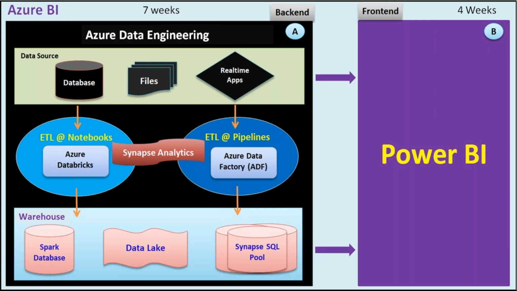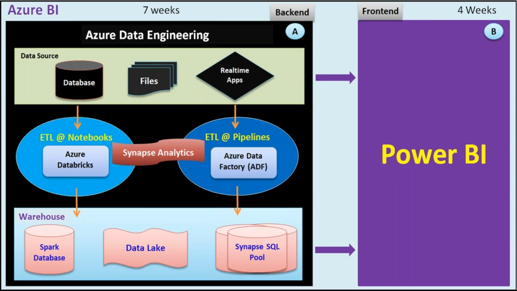Now let's come to the actual bullet points, the governing points for our course. Number 1, open source ETL Databricks, open source data warehouse, Spark database. That's the first point. Second point, Microsoft ETL Data Factory, Microsoft data warehouse, Synapse SQL Pool. That's it.